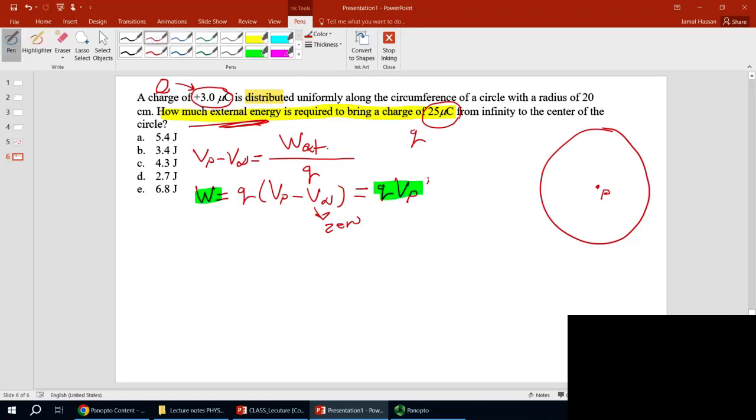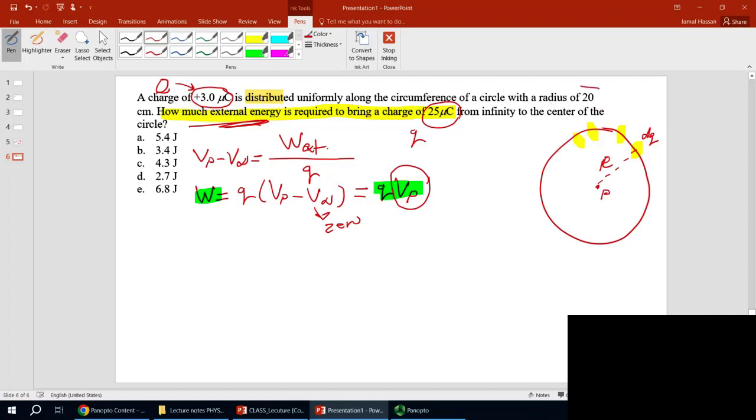So we have one problem now. We have to find Vp. This is not difficult. Because this is a distribution of charge, we need to divide the ring into many, many small pieces, each carrying a small charge. Let's take one of them, for example, this is dq. This dq is far from this point by a distance r.